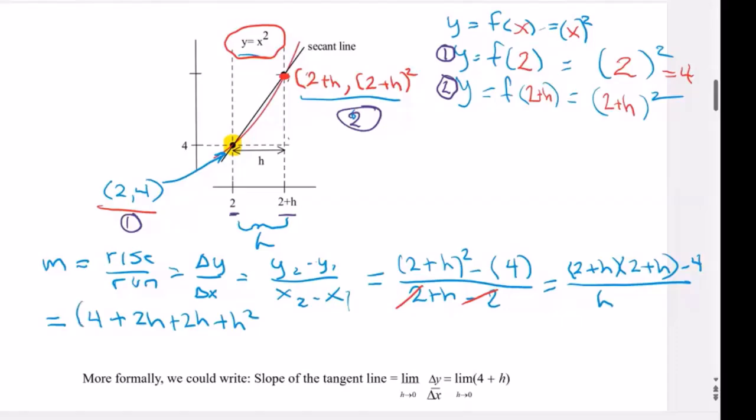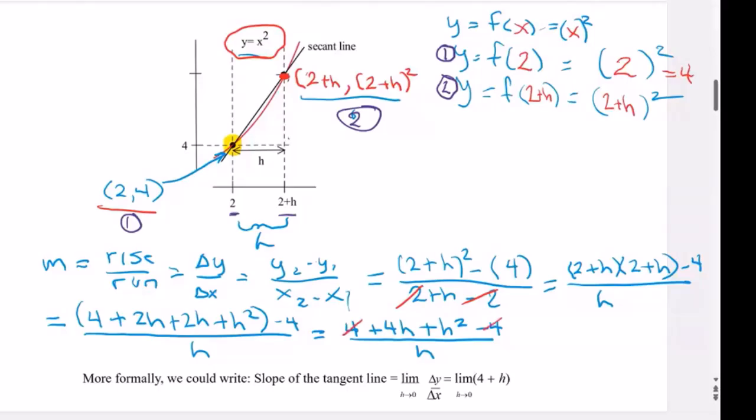So this is that multiplied out, minus 4 divided by h, which is equal to, now I have 4 plus 4h, combining like terms, plus h squared minus 4 over h. And notice again, I can cancel 4 with negative 4. So this is going to equal 4h plus h squared divided by h.